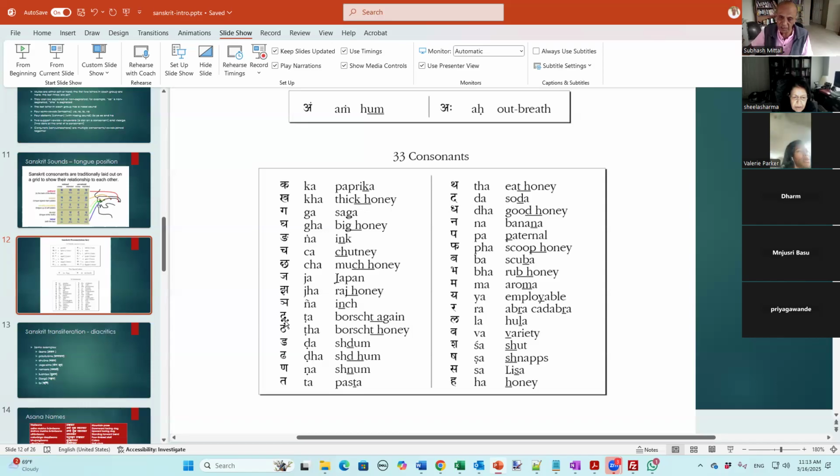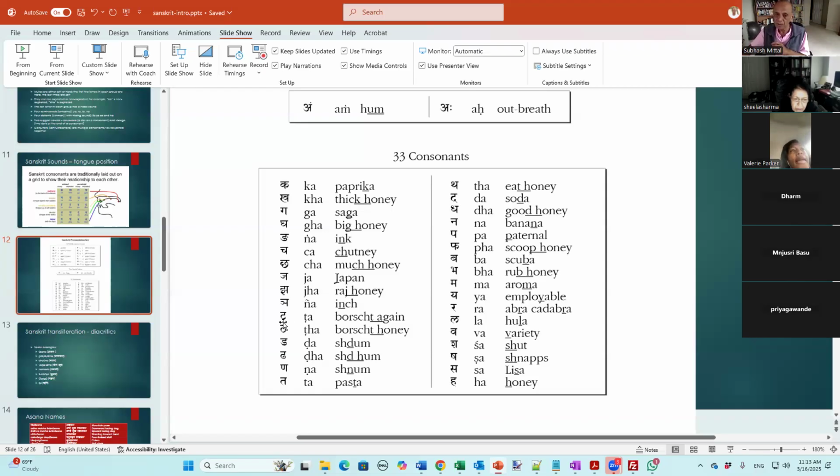Okay, then of course we have ta. Ta is like tang. The English sound like tango, for example, gets a little bit aspirated. It's halfway between the two ta sounds. The tango ta is not the same as the soft ta in Sanskrit.